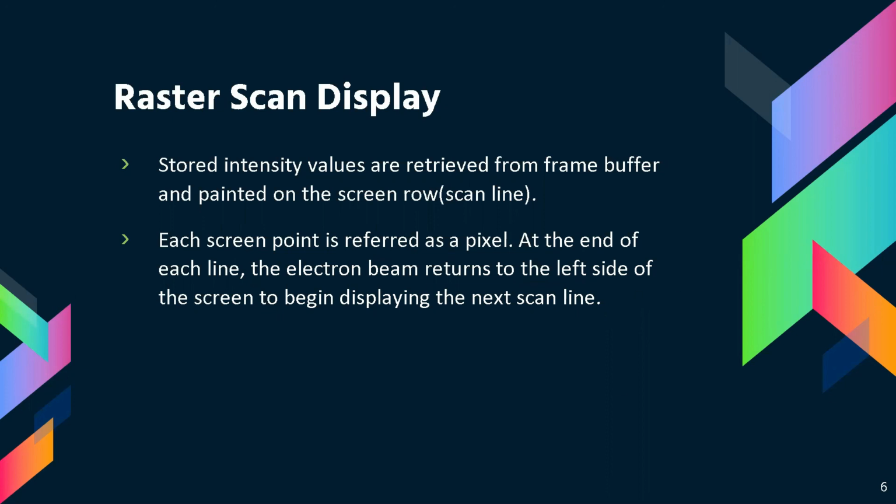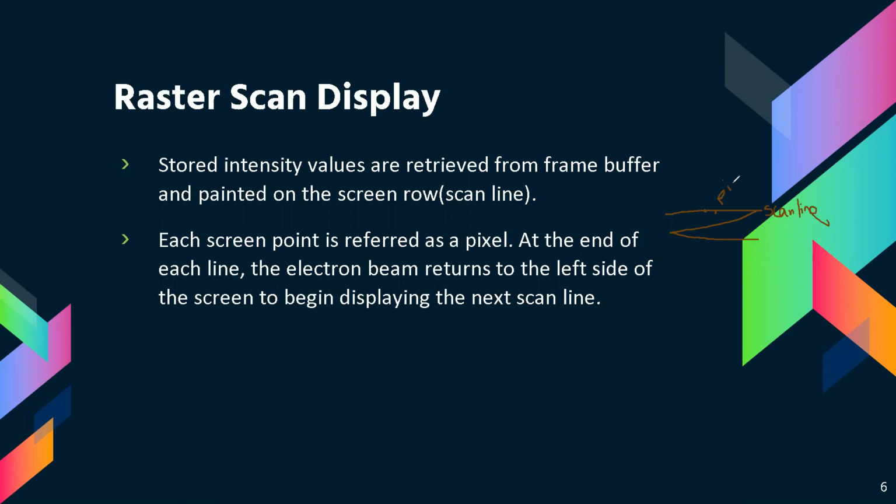So first the row, then using the horizontal line it goes to the next scan line. This row is a scan line.